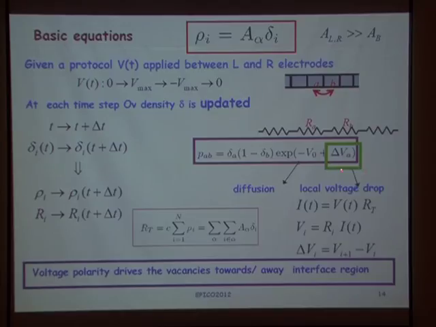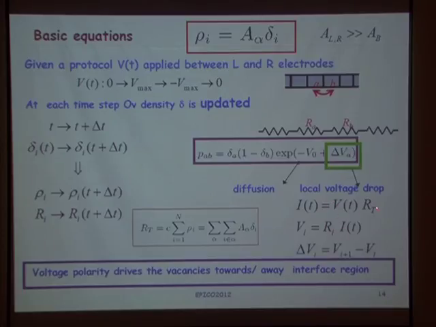ingredient that comes from the electric field, the local electric field that appears, or the local voltage drop at site A. This local voltage drop is going to be related to the current, the total voltage applied along the sample, and the total resistance of the sample. So the local voltage at site i is the local resistance times the current.